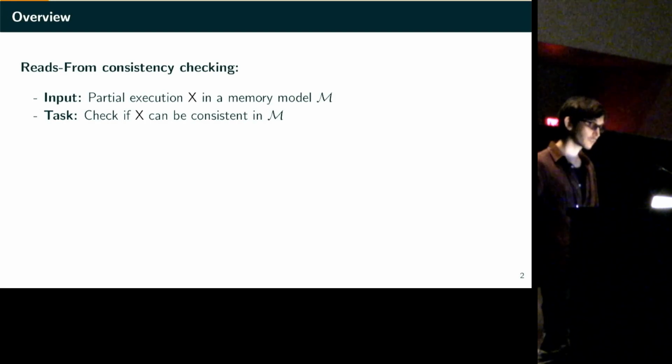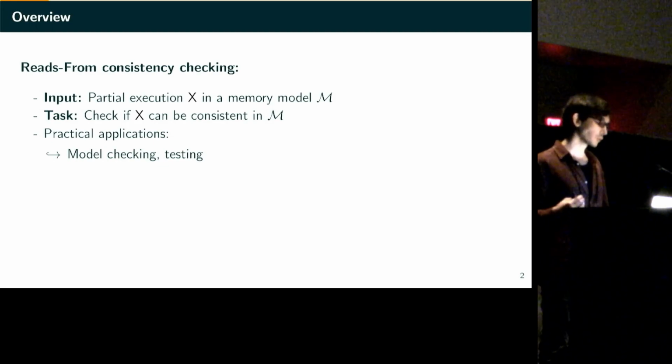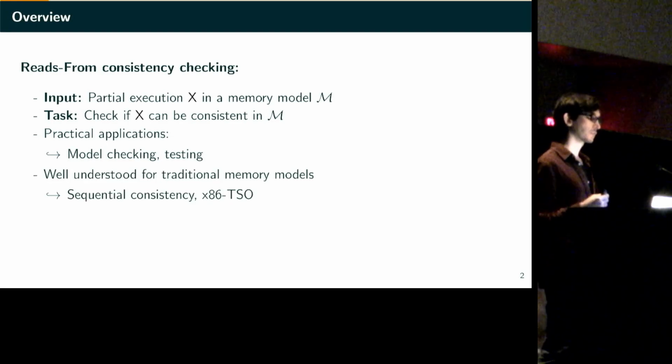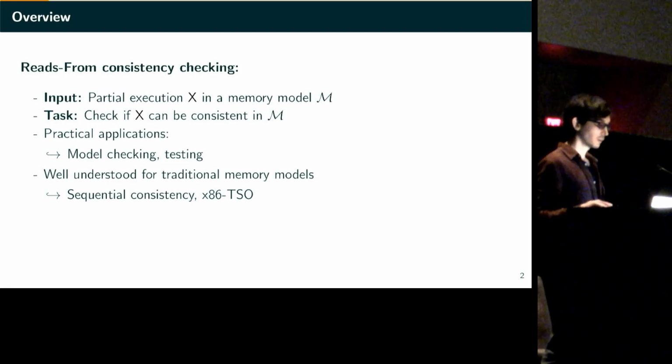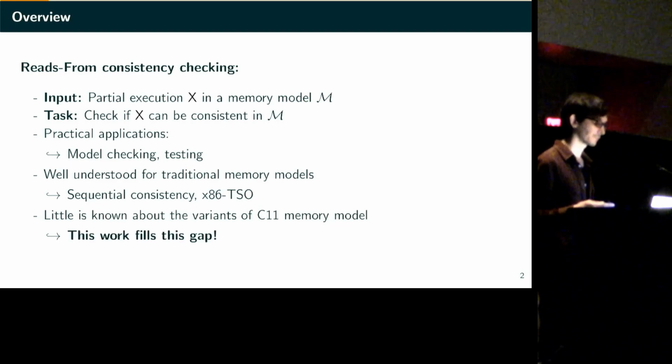And why do we care about this problem? Because it has some important applications in the context of model checking, testing, as well as some other domains. This problem has been well studied for traditional memory models, such as sequential consistency and x86 TSO. However, it hasn't been studied thoroughly in the context of the C11 memory model, and our work fills this gap.